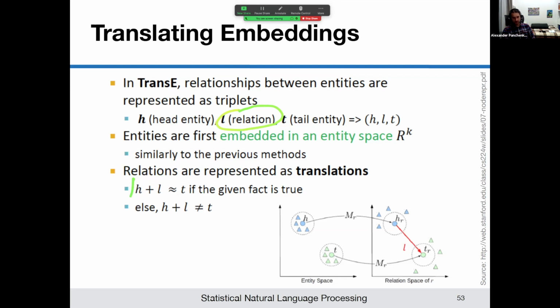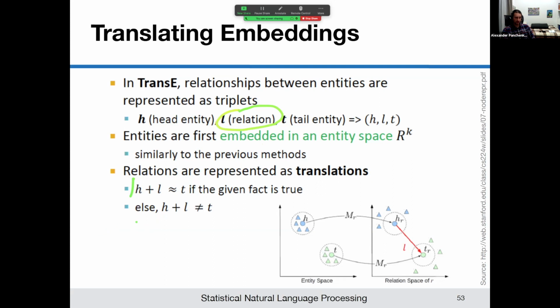So if we subtract man from king and add woman, we're going to have something like queen. Here, if we take Michael Jordan and then add the embedding of plays for, we should have, according to this idea, something like Chicago Bulls.